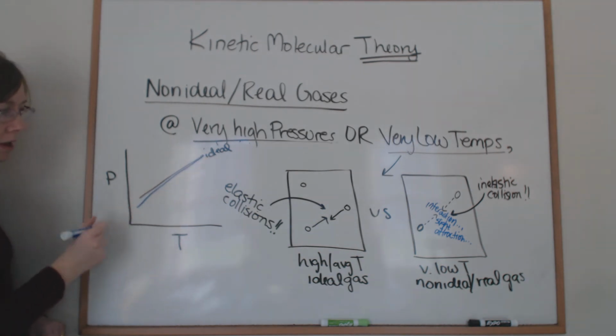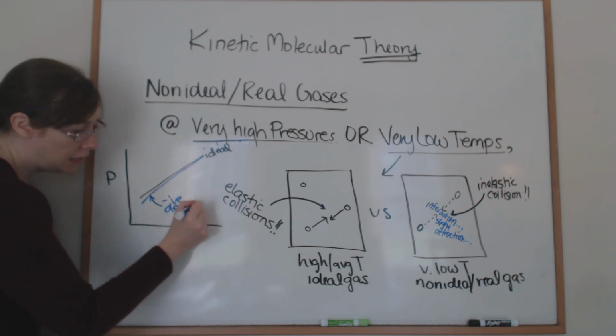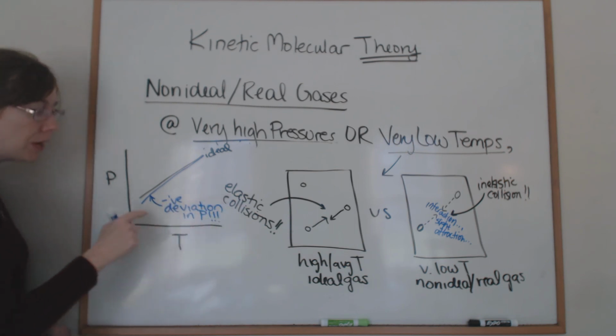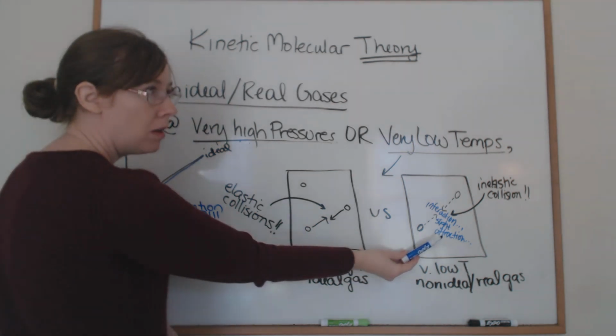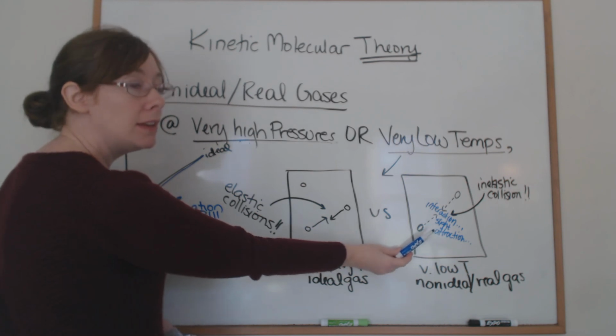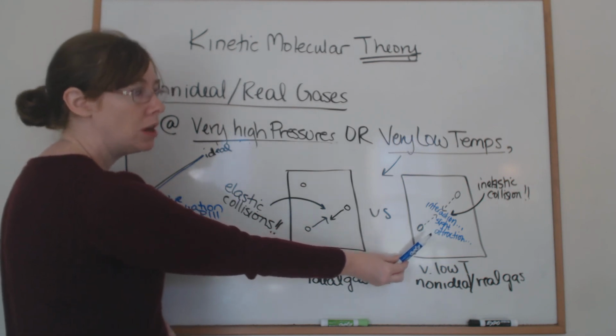But as those temperatures get lower, you're going to see what's called a negative deviation in pressure, meaning the pressure will be even lower in this sample than you would have predicted with PV equals nRT. PV equals nRT will not give you a perfect pressure.